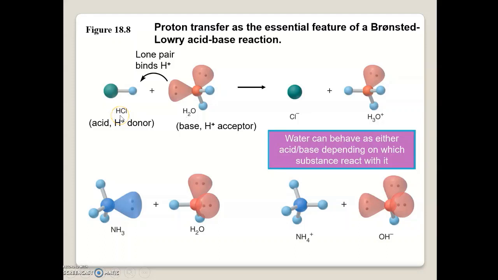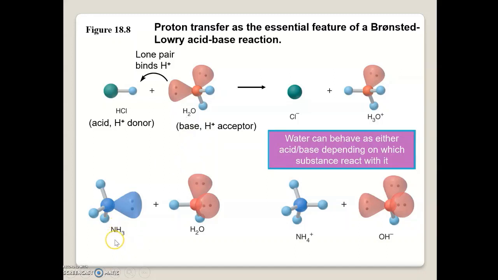HCl actually donated its H+ or its proton to the H2O, while H2O receives H+ or proton from HCl. Since HCl is the proton donor, HCl is an acid, while H2O is the one that receives H+ or proton, so it is a base.